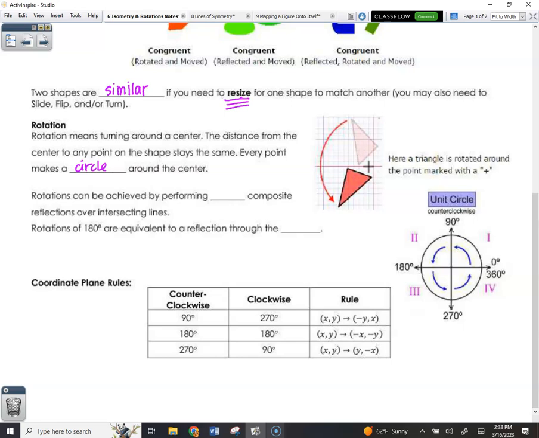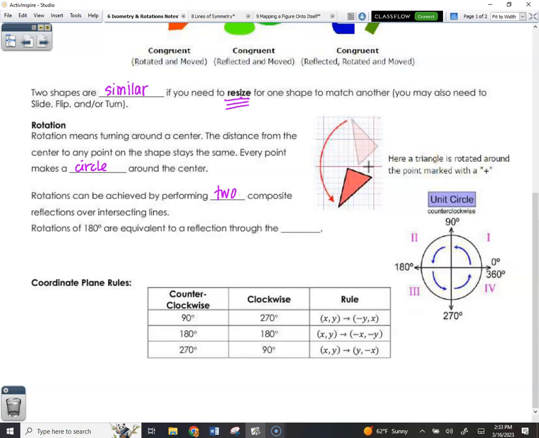Something that is neat about rotations: rotations can be achieved by performing two composite reflections. What that means is instead of taking a shape and rotating it 180 degrees, right?